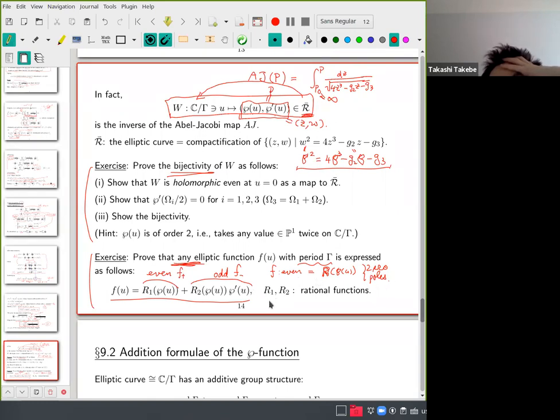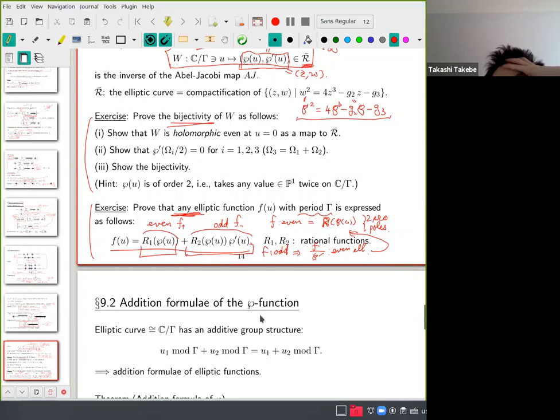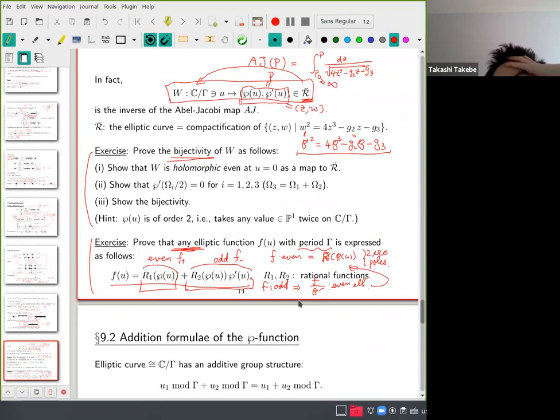And if f is odd, then P prime of f is an even elliptic function. So this should be expressed in terms of P, like this. So in terms of P, we get every elliptic function.